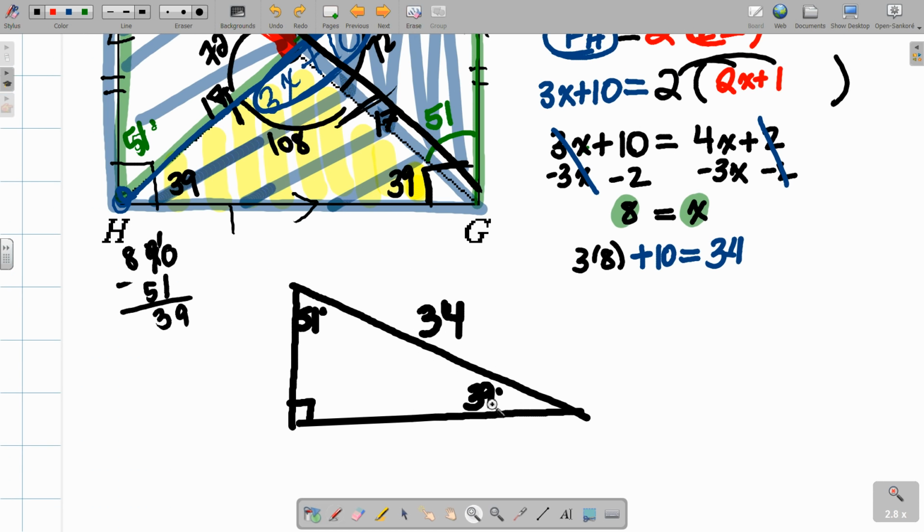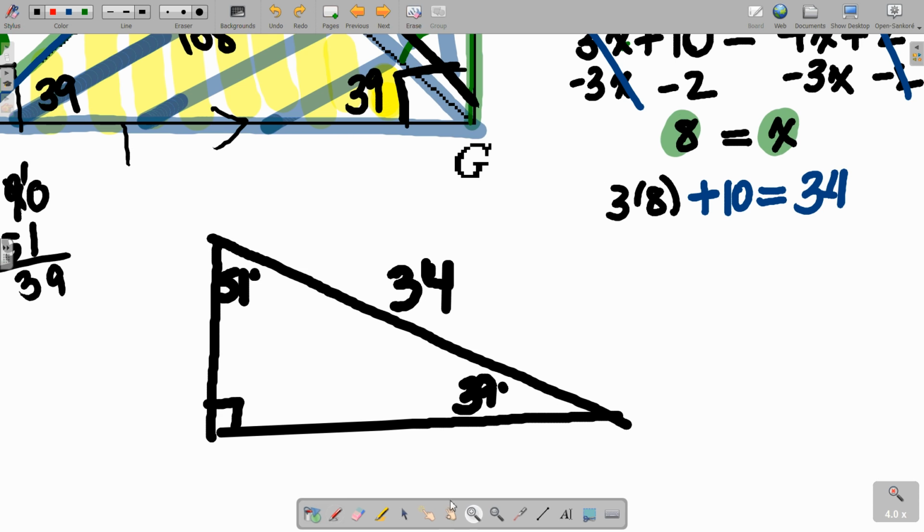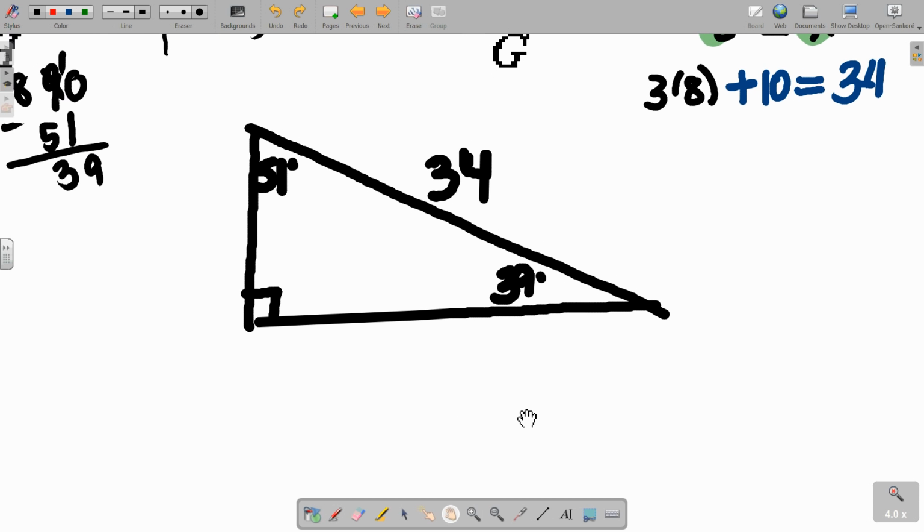Now we're back to SOHCAH TOA. We're going to solve for the outer side lengths. I'm going to go ahead and use 2 different colors here. This outer edge, I'm going to call this edge X. I'm going to call this edge Y.